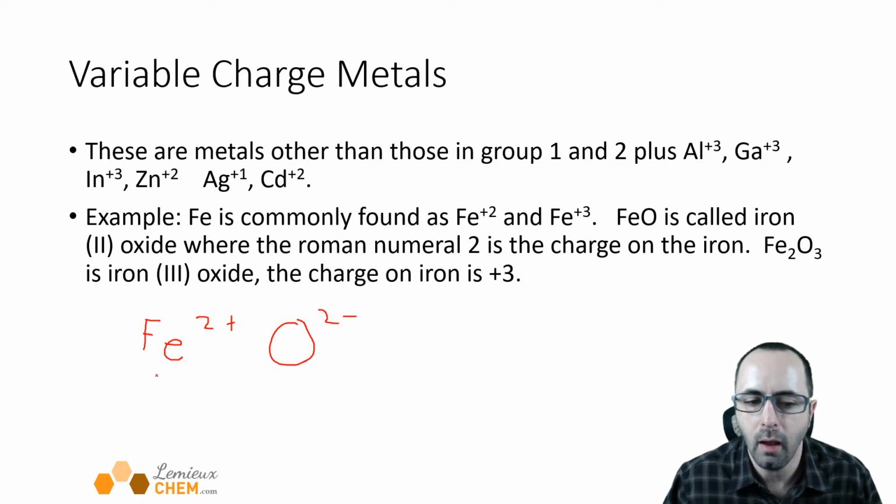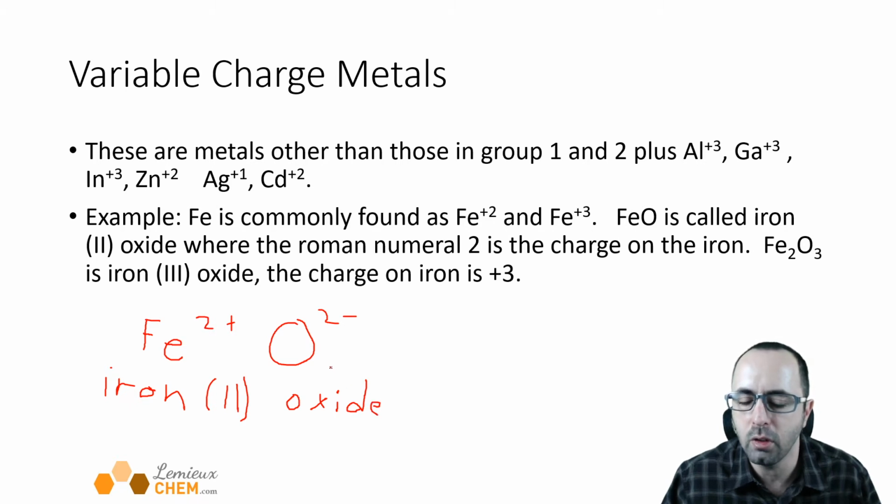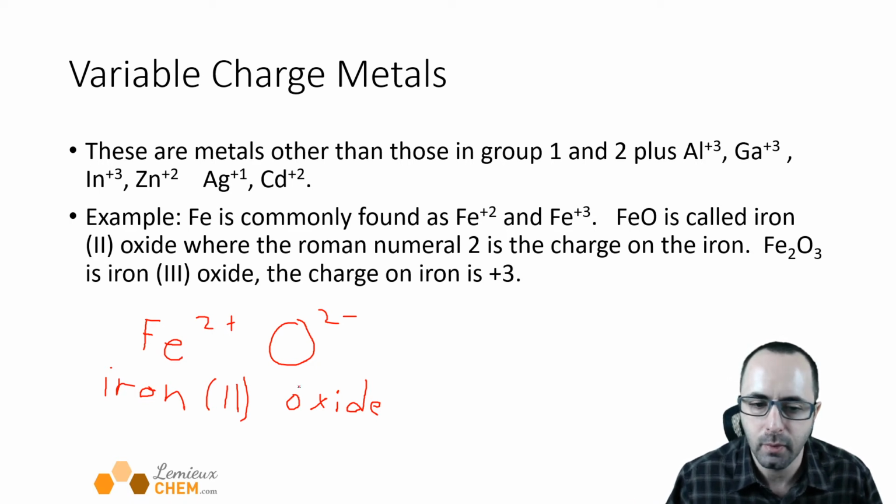And so this ion here is called iron 2 ion. Iron 2. The 2 here means that the charge is +2. And then this ion here is called the oxide ion. Its name ends with "ide" because it's oxygen, only one atom in the ion. That's why it doesn't end with "ate" or "ite."